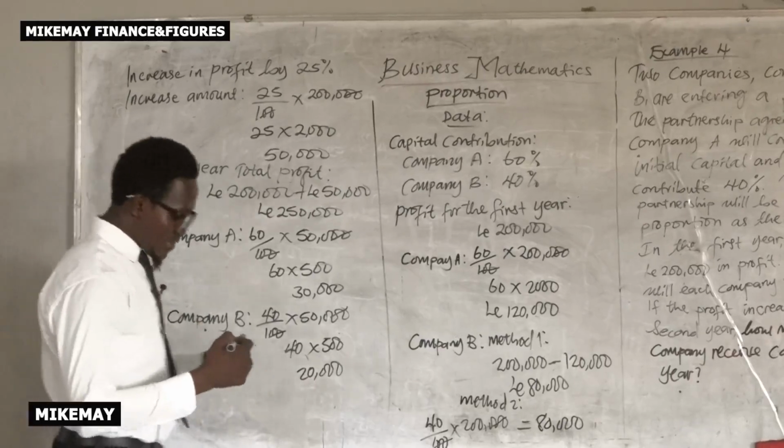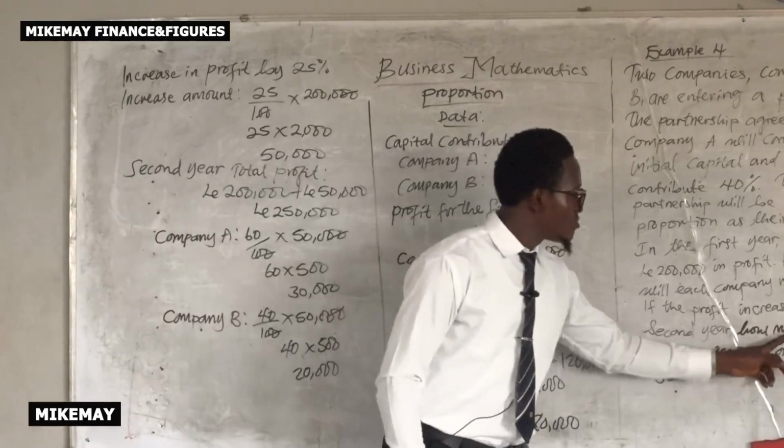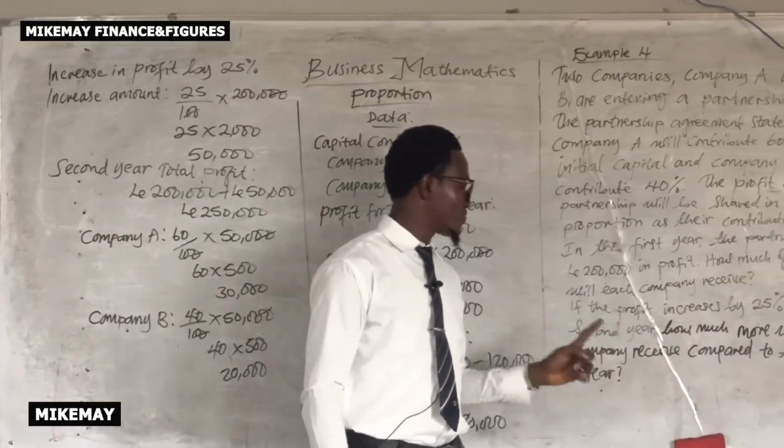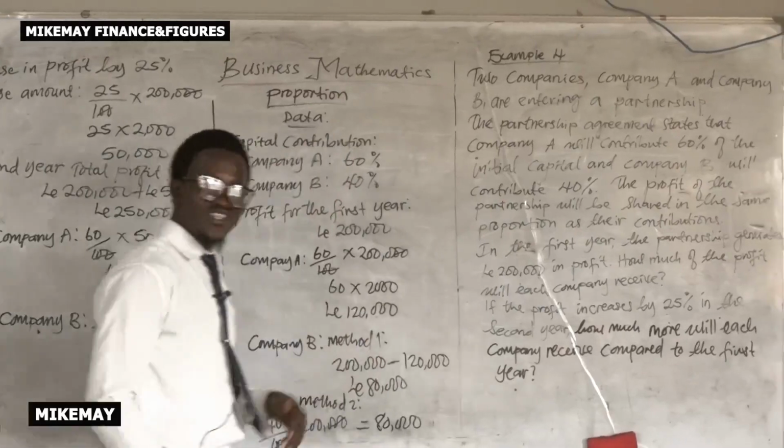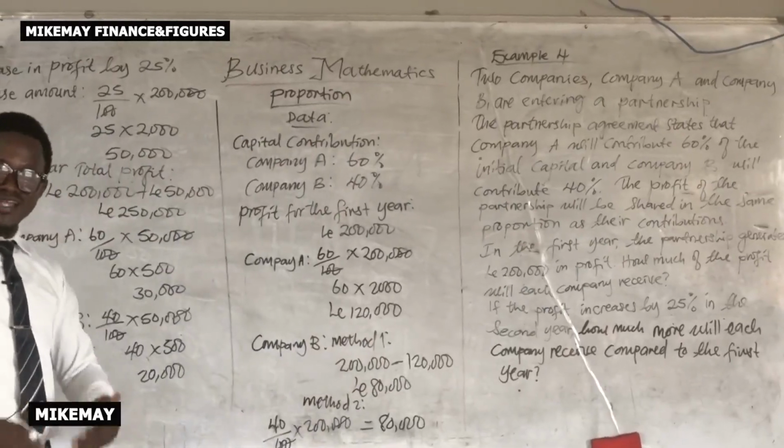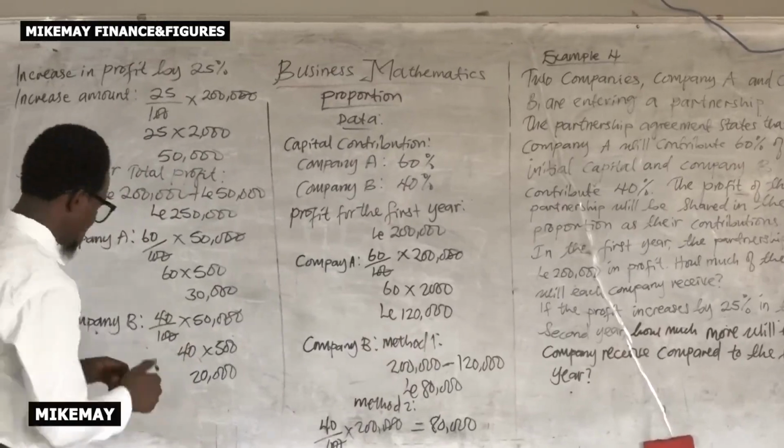So the problem is asking you, how much more will each company receive? So it is just the added amount, the added profit amount.